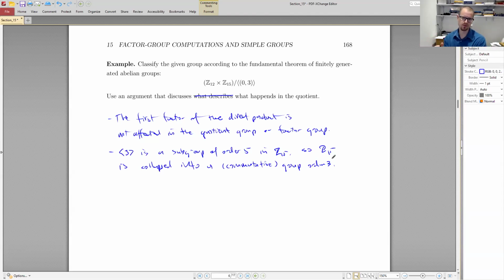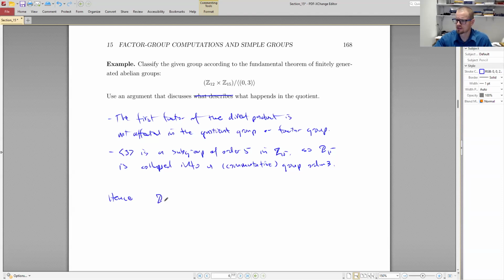Of course, a group of order 3 is commutative. There's no other possibility. All of our groups of order 3 are commutative. So if that's the case, since it's order 3, we know that what it collapses to is going to be isomorphic to Z3.